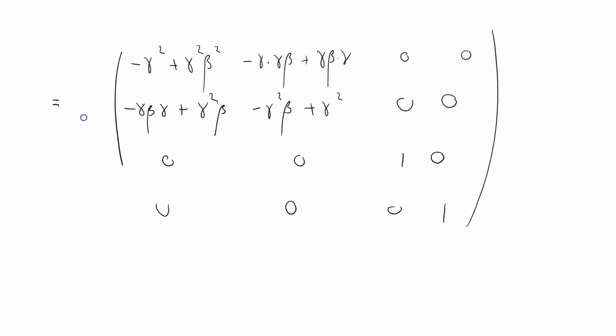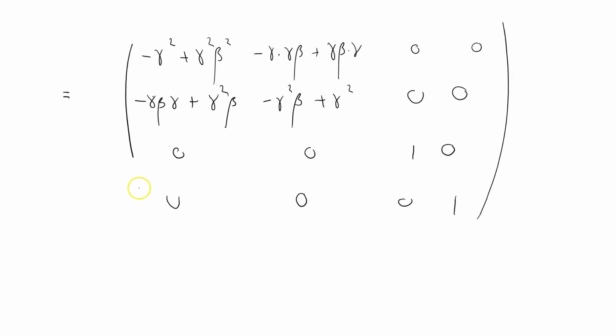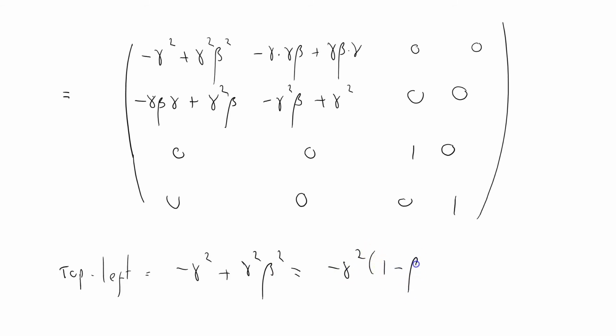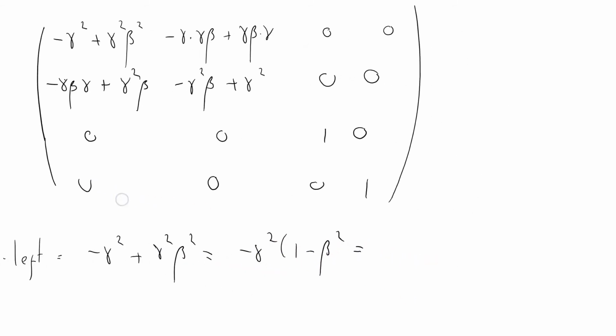Well, I dare say we can calculate this. Let's look at the top left element. Top left equals minus gamma squared plus gamma squared beta squared, equals minus gamma squared times (1 minus beta squared), equals minus 1 over root (1 minus beta squared) squared times (1 minus beta squared), equals minus 1.